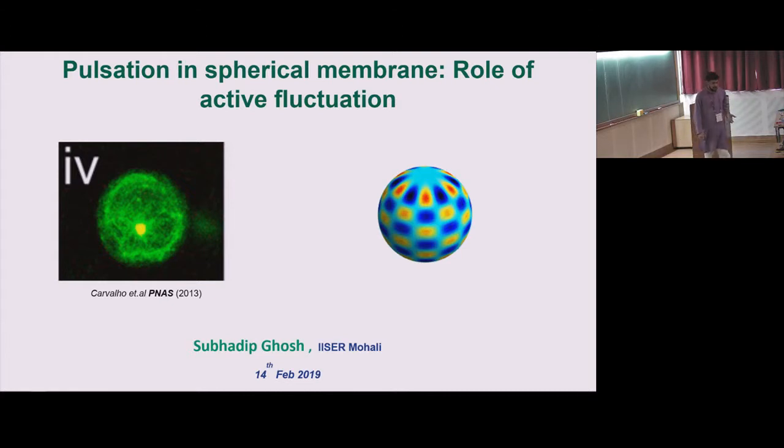Not only that, they can also recruit other kinds of proteins which act as the activator for actin polymerization. Actin polymerization is the first active process which gives the membrane an outward push.